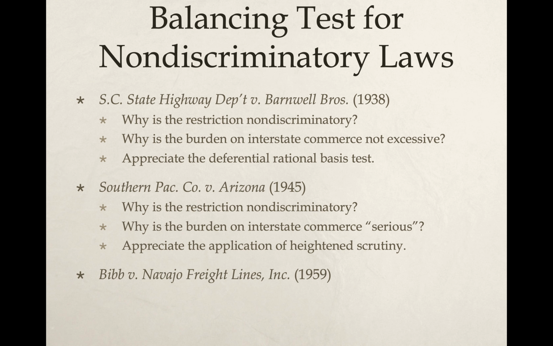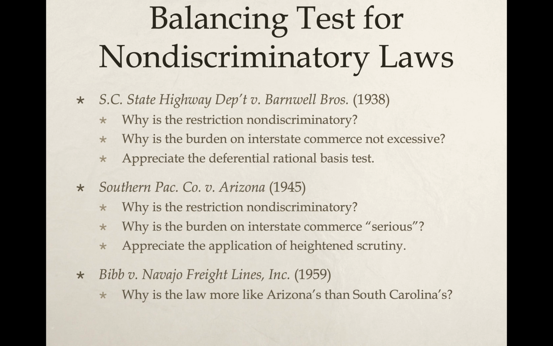non-discriminatory on its face. But the court finds that this statute looks more like the Arizona law than the South Carolina law, in the sense that this law poses an excessive burden on interstate commerce. So as the court says on page 352, this is one of those cases, few in number, where local safety measures that are non-discriminatory place an unconstitutional burden on commerce.